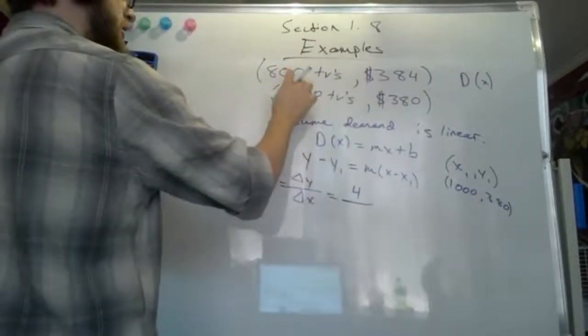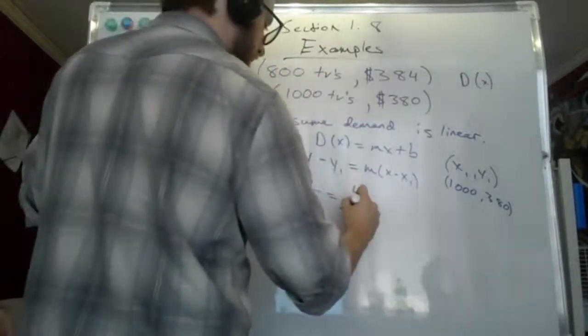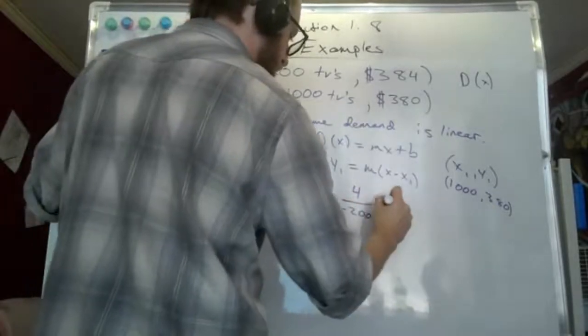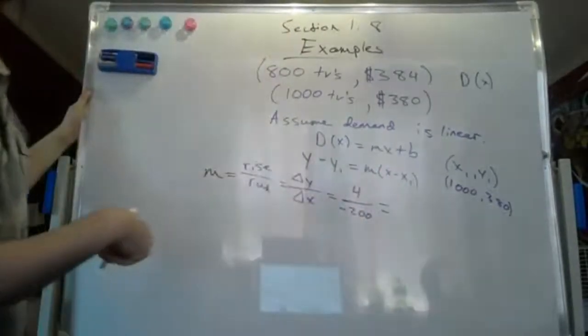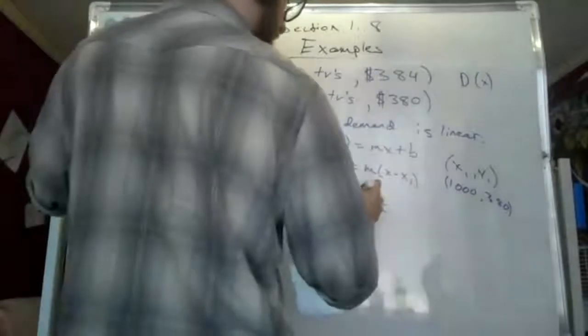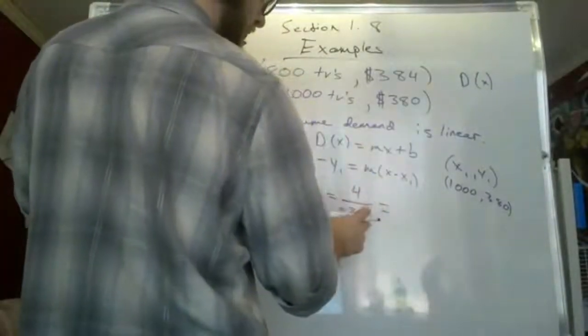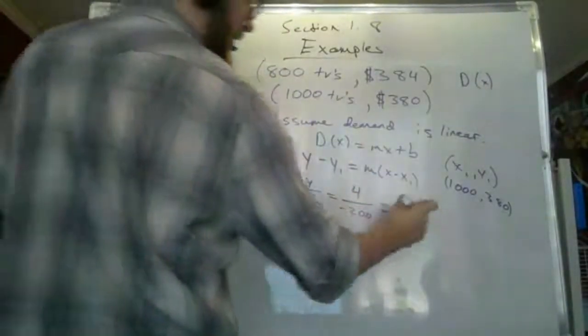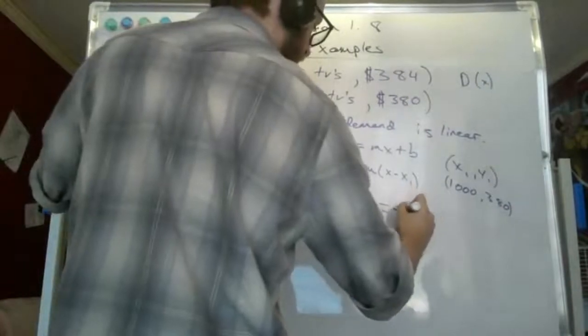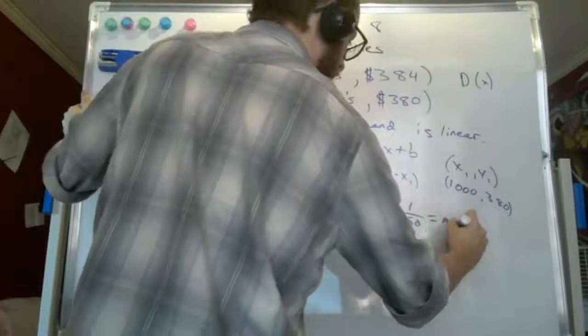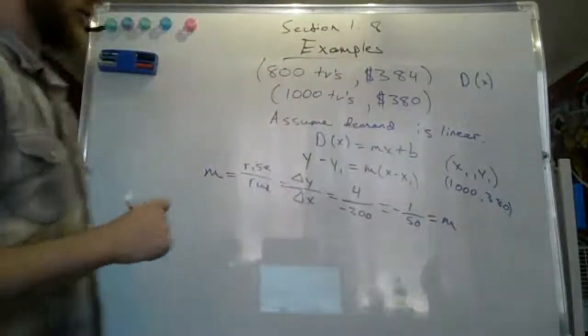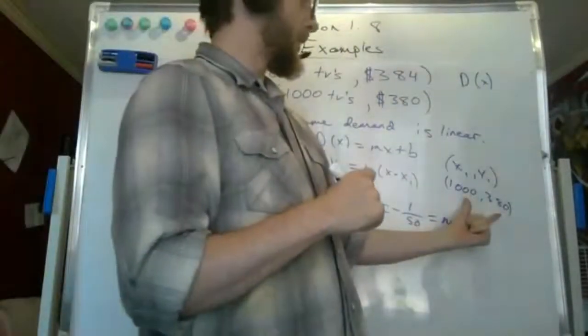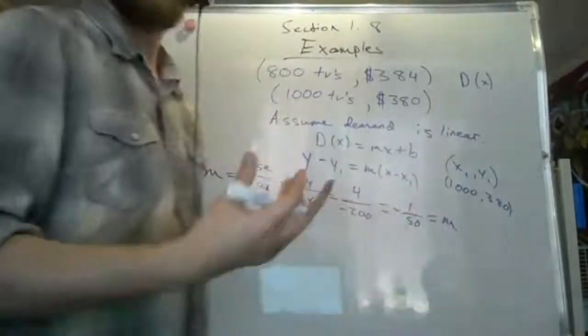And then 800 minus 1,000, that's going to be negative 200. Now we can simplify this a little bit, and if we divide by 4 in the numerator and denominator, we're going to have negative 1 over 50. So this is our slope. So we got our slope, we have a point. Now we're ready to find our demand function.